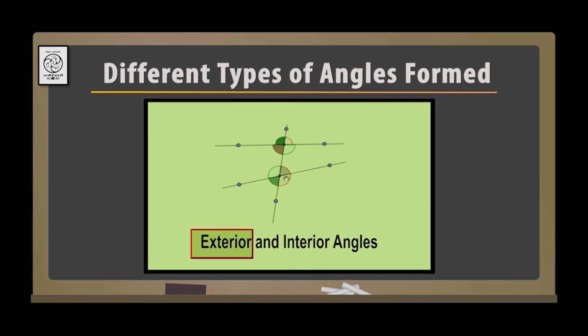They form what are known as exterior angles, whereas these two angles, the light brown and the light blue, form the interior angles. This angle and this angle form what are known as corresponding angles. And similarly, this angle and this angle are known as alternate angles.